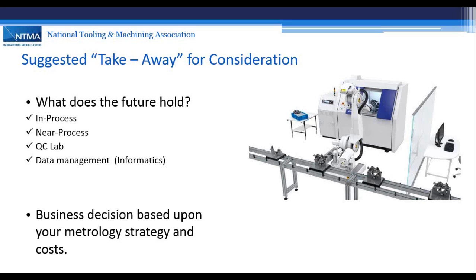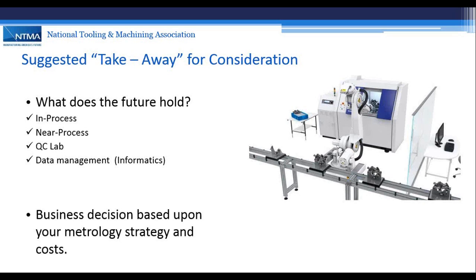Well, I think one of the takeaways relative to looking at dedicated specialized equipment versus CMM is what we've been touching upon in the earlier part of the presentation: where are we going to use the information and where do we need to make those critical decisions along the manufacturing process? Is it going to be in process, in the machine, for immediate control and closed-loop feedback?